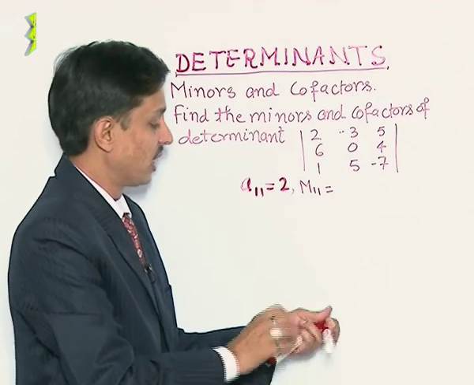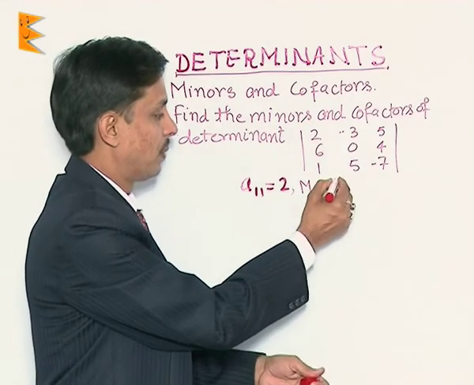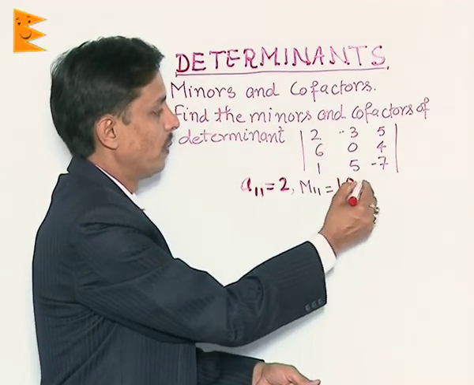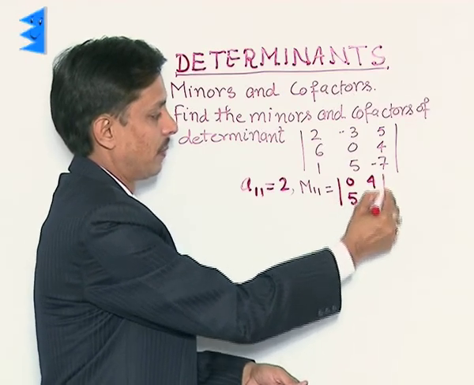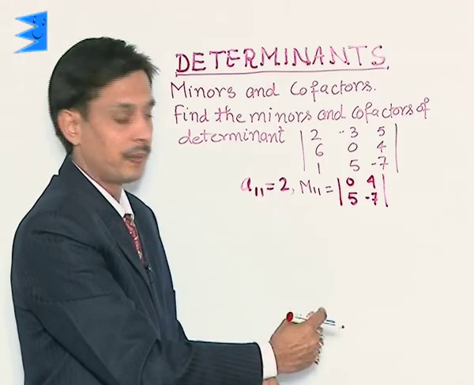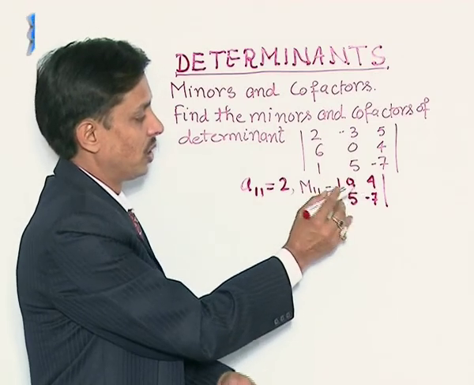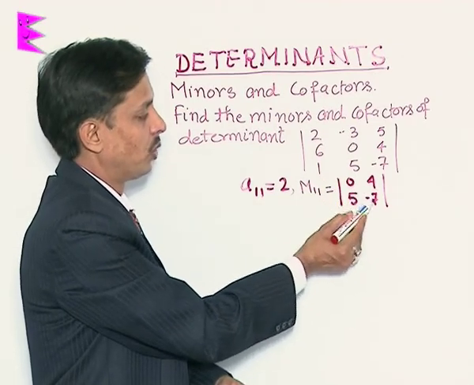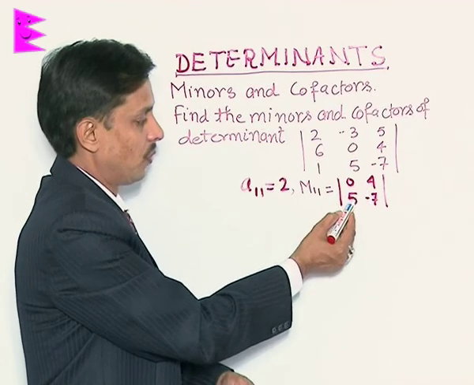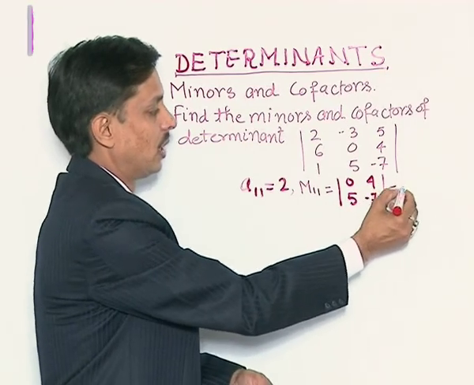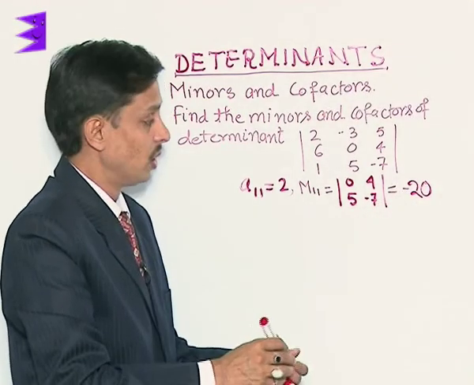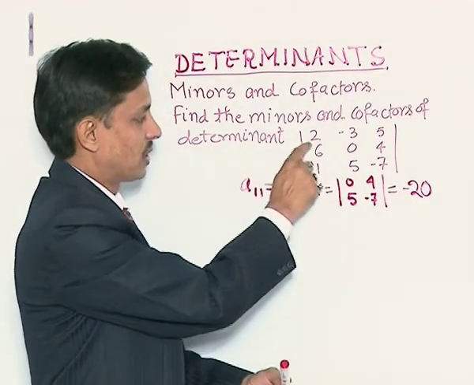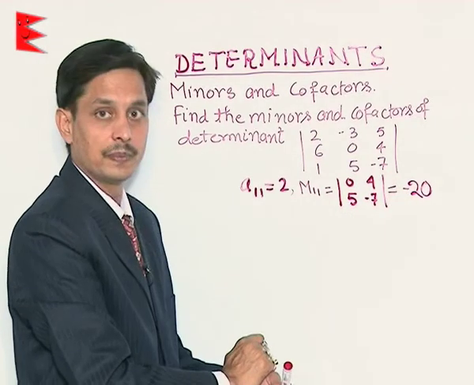So the minor of the first element becomes the determinant 0, 4, 5, -7, and if I calculate its value using cross multiplication, 0 into -7 minus 4 into 5, the result is -20. So you can say the minor of the first element is -20.